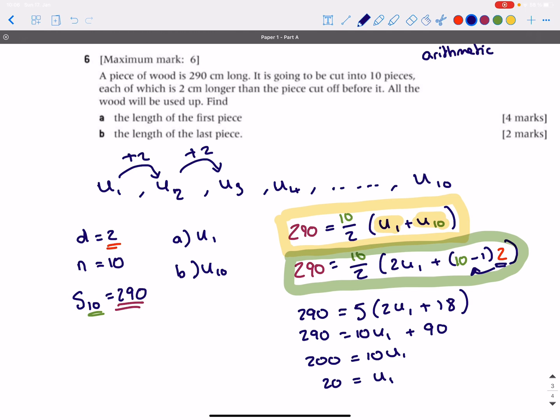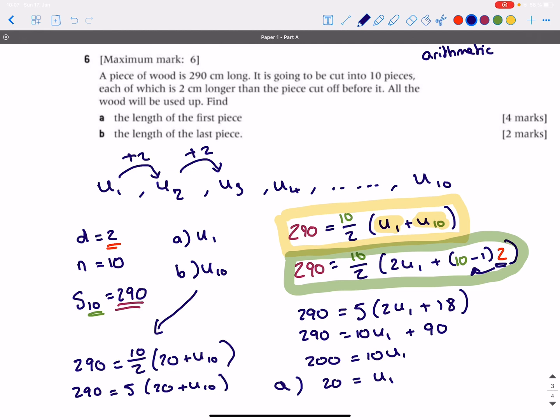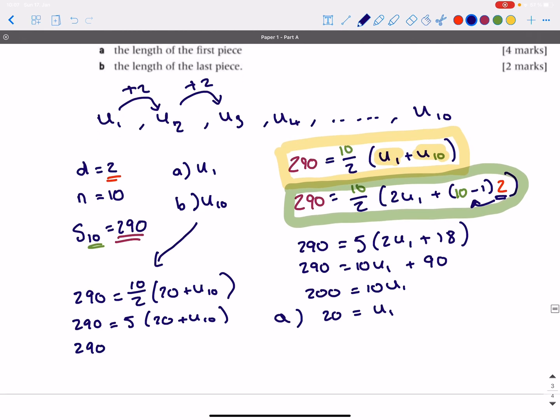So now I've got my u1, I've answered part A, and then I'm going to substitute that into the yellow function to find the answer to part B. So 290 equals 10 over 2, times 20 plus u10. 290 equals 5 times 20 plus u10. 290 equals 5 times 20, which is 100, plus 5 u10. 190 equals 5 u10.